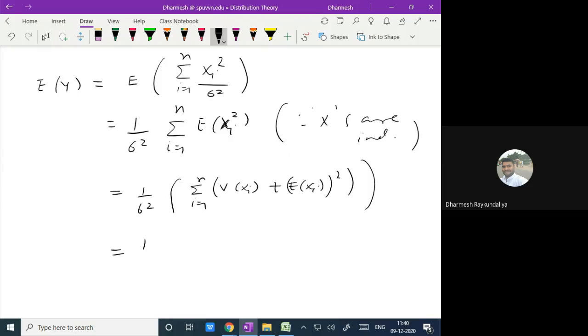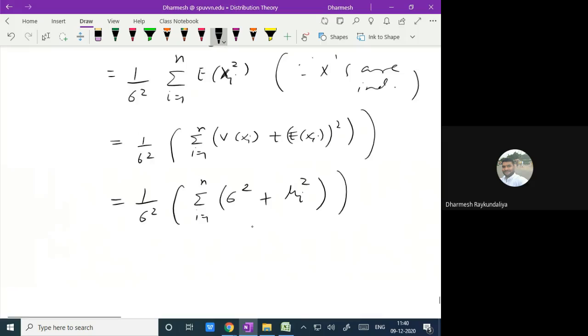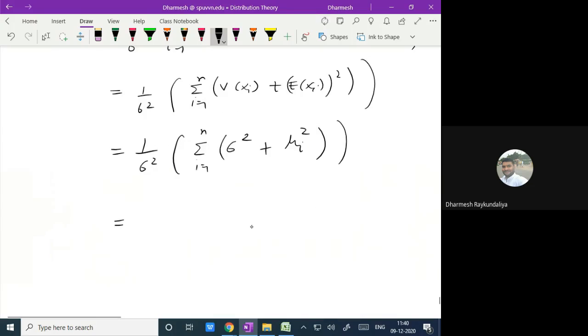And what is the variance of x given in our setup? It is given as sigma square. And what is the mean given? It is mu i square. So just take sigma square inside: it is summation i running from 1 to n of sigma square upon sigma square plus summation i running from 1 to n of mu i square upon sigma square.